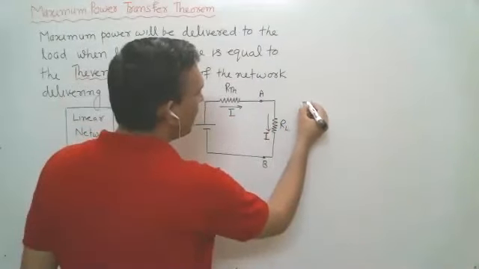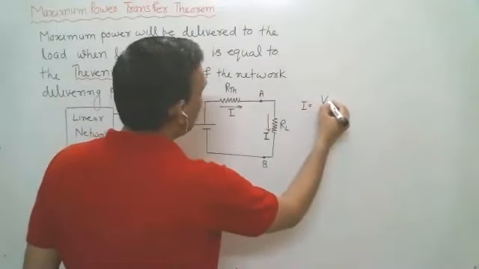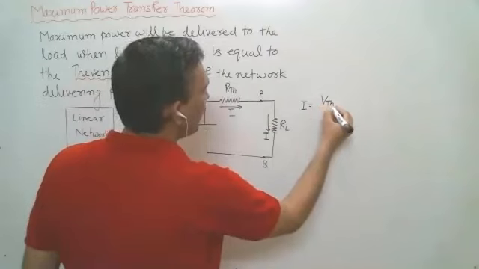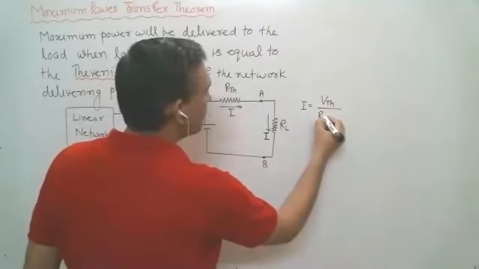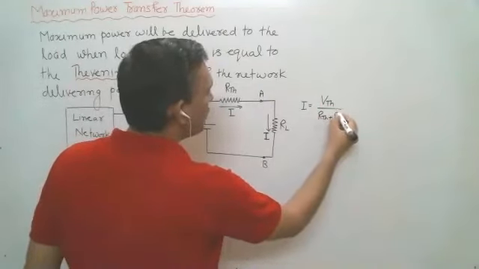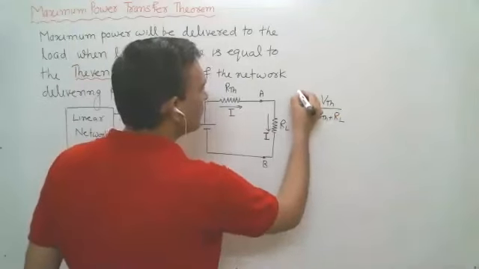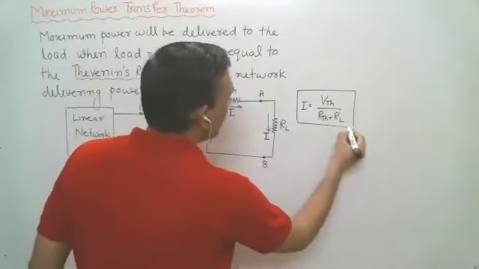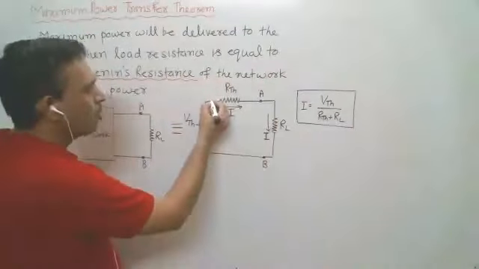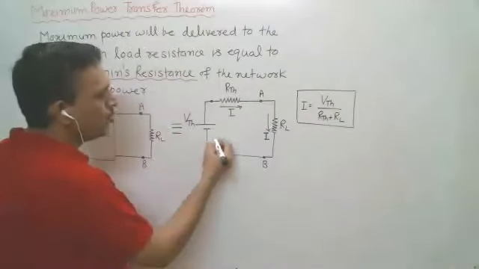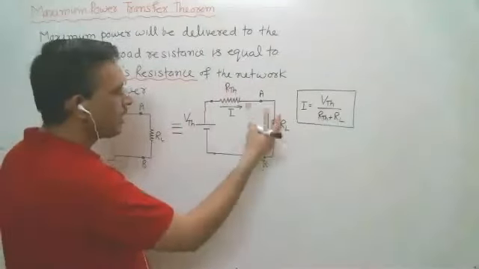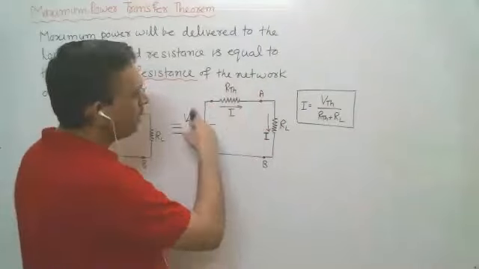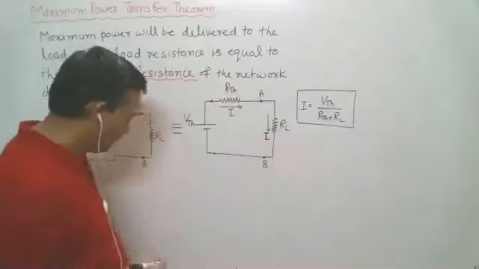What will be current I? So current I will be simply VTH by RTH plus RL. You can directly write the equivalent resistance across these 2 points is RTH plus RL. So current I will be VTH by RTH plus RL.